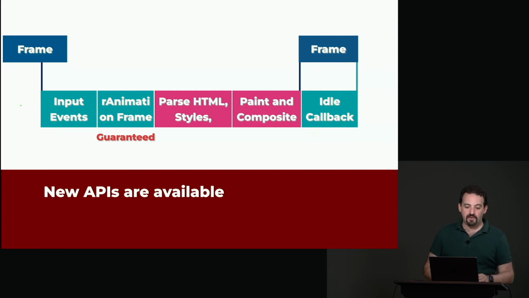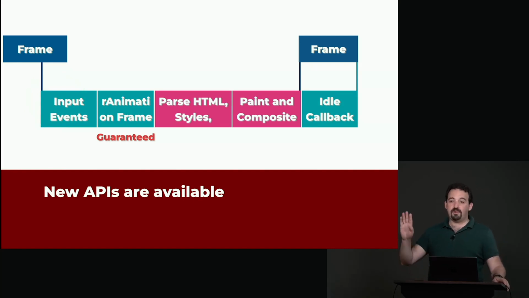You have some code in your input events, you have an on-click, something that is taking a lot of time. So there is no idle time. The browser says, no, I'm sorry, I need to make the other frame. And maybe it doesn't have enough time to execute your timer.